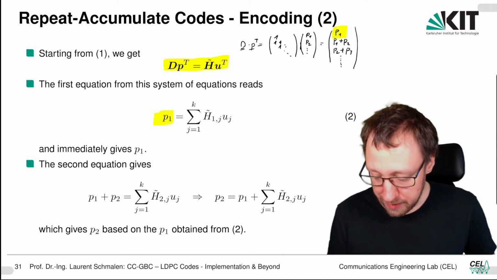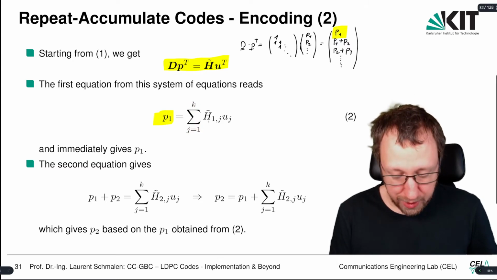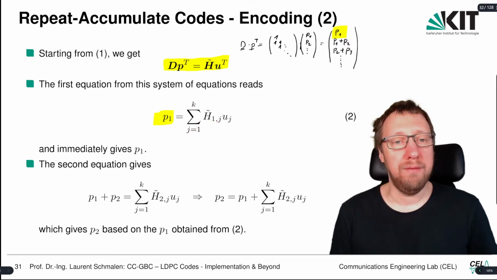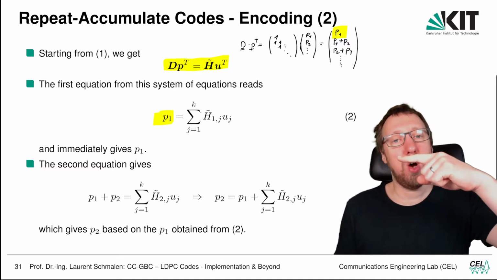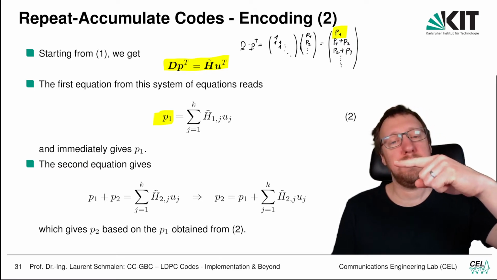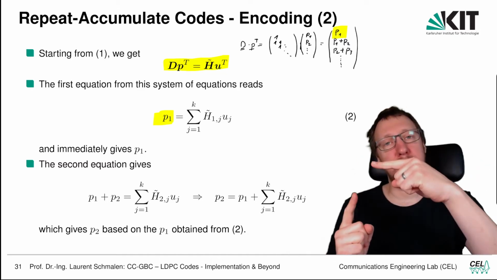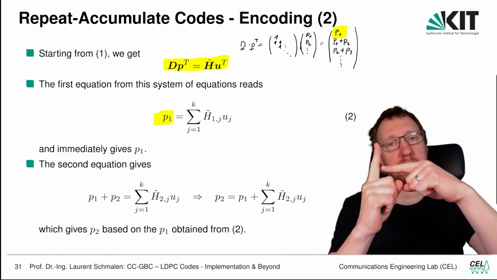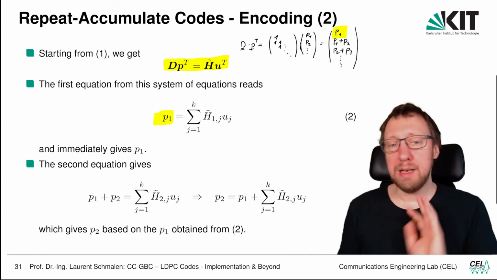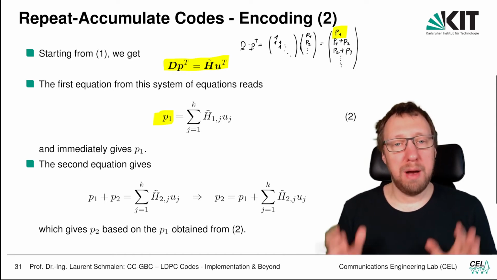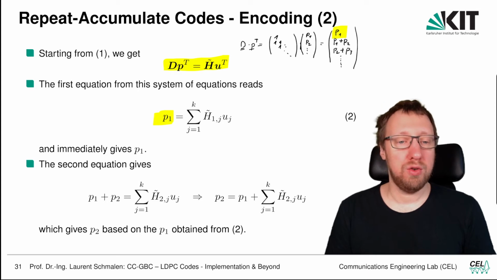That is just the sum from j going from 1 to k of H tilde 1j times Uj, since it's the dot product of the first row of H tilde with U transposed. So take the first row of H tilde, multiply by U transposed, and that gives P1. So we can immediately calculate P1 by taking the first coordinate of H tilde times U transposed.